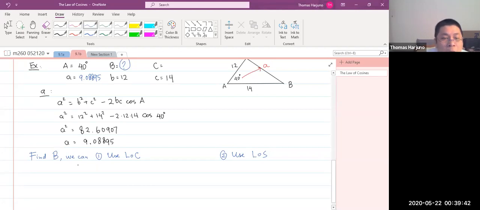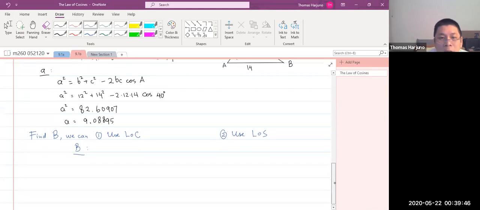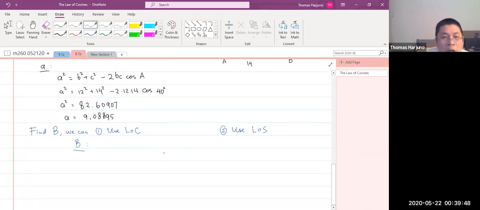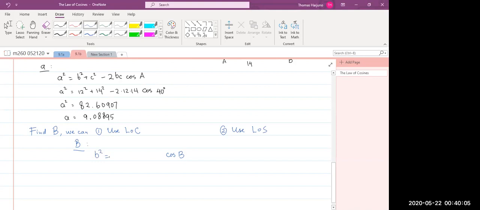Okay, so if I want to find angle B using law of cosine, then I need to have cosine B at the end, right? Yeah. So what is on the opposite? The opposite side, it has to be B squared. Remember that? Yeah.